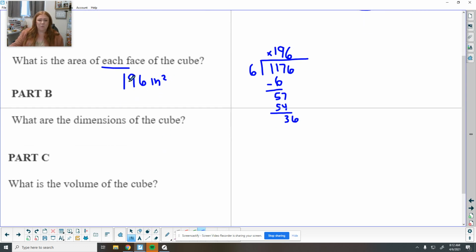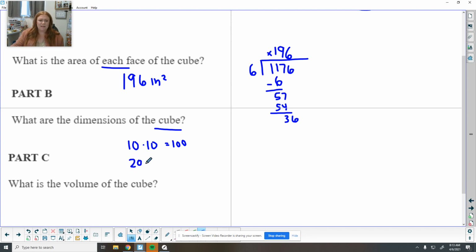Now I need to know what times itself. So remember, a cube is the same. So something times something is 196. So let's just start with some reasoning here. I know if I do 10 times 10, that's 100. So it's got to be bigger than 10 by 10.